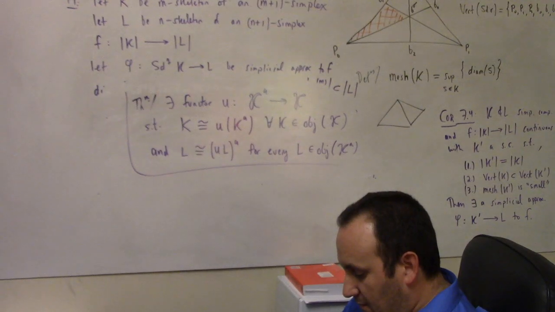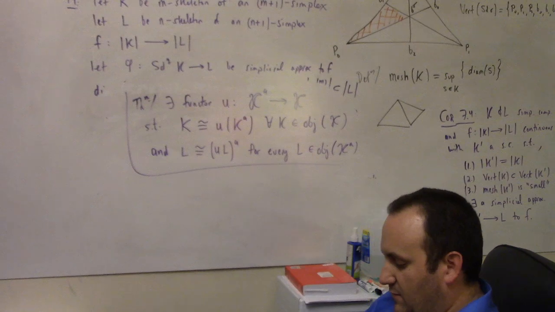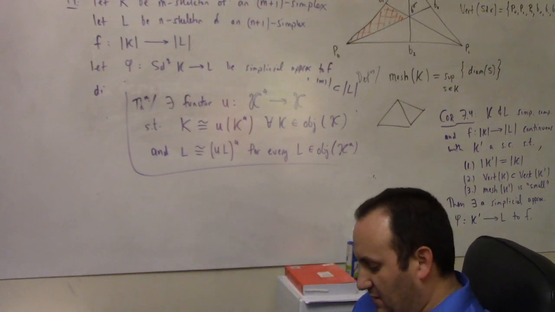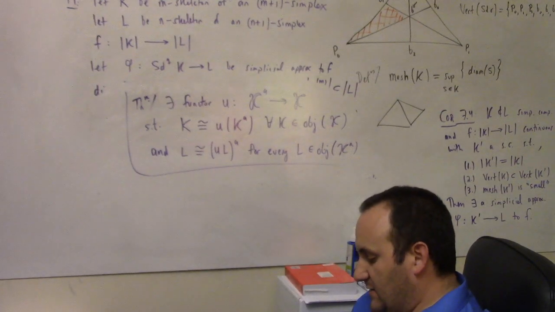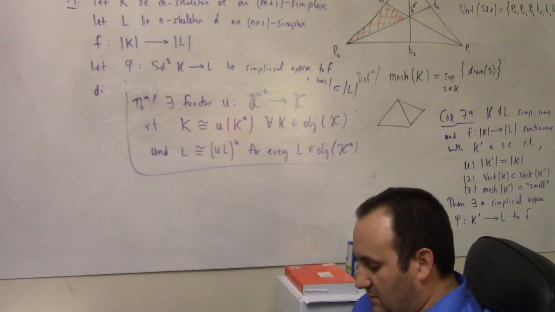If S is equal to V_i0 through V_iq, a q-simplex in L, define the, what do you want to call that? The corresponding simplex to S? Yeah. So it's the corresponding standard simplex.